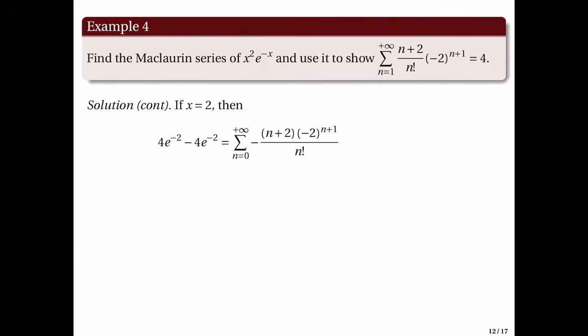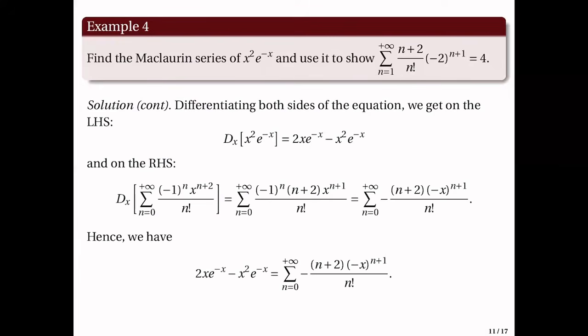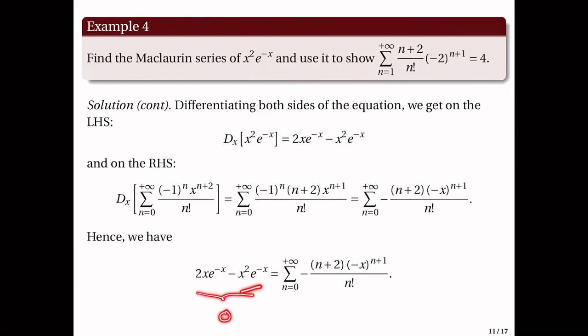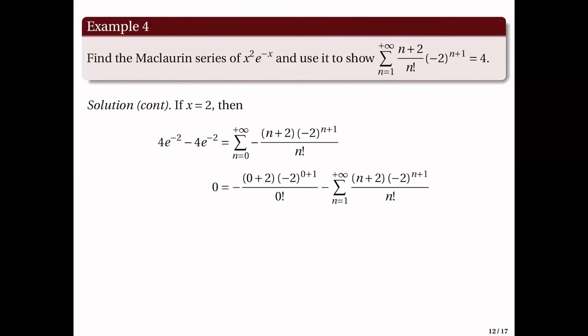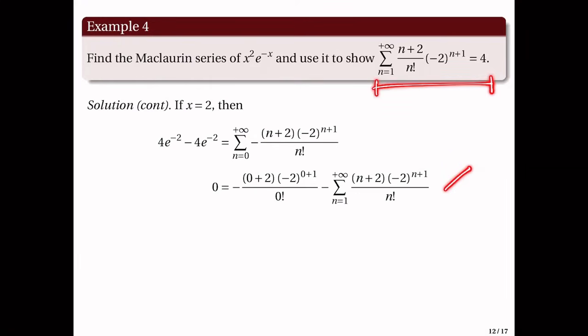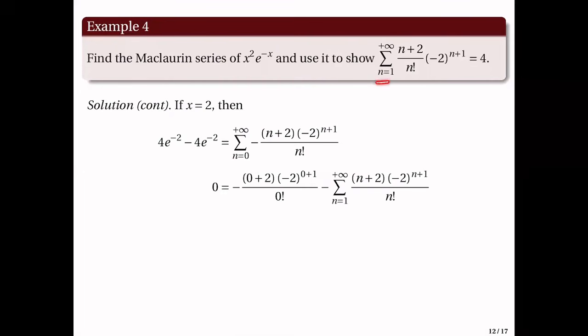So now, if we let x be equal to 2, then the left-hand side becomes 4e raised to negative 2 minus 4e raised to negative 2. So this becomes 0. And here, we get this series of constant terms. Okay? So simplifying the left-hand side, this becomes 0. And then simplifying the right-hand side, we get this. So dito nag-reindex tayo kasi kung babalikan natin yung problem, nagsa-start yung summation natin dito sa 1.